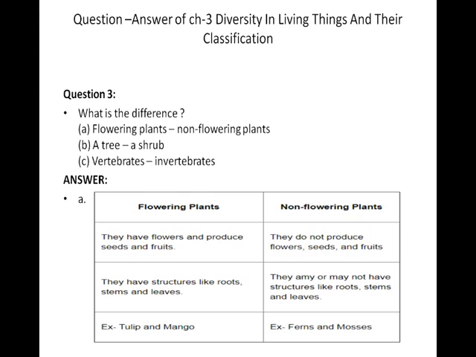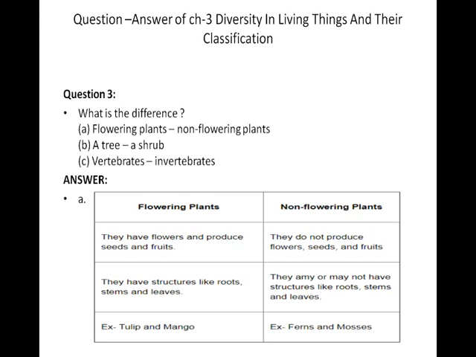In flowering plants, roots, stems and leaves are properly classified, meaning they are prominent, they are visible. But in non-flowering plants, sometimes the leaf is modified into a thorn, or there is a broad stem. So nothing is properly prominent, as to which part is the leaf and which part is the stem. Okay.